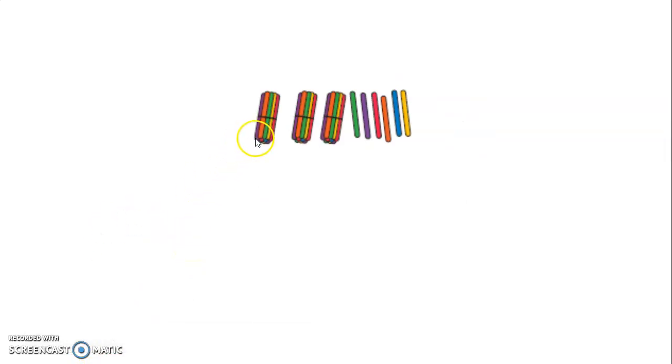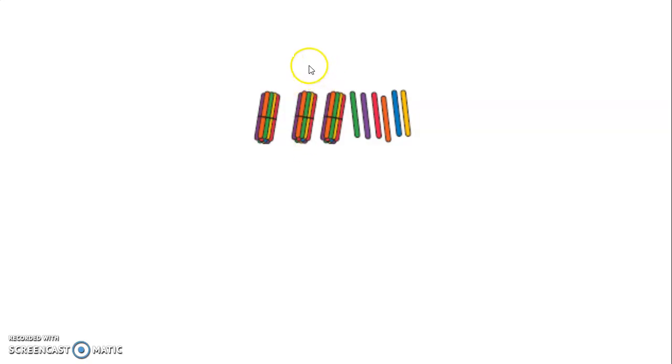Okay, I want you to try to count this one. Remember, count the groups of 10 first, then stop and count by ones. Go ahead and try it. Let's see if you get the same answer as me.